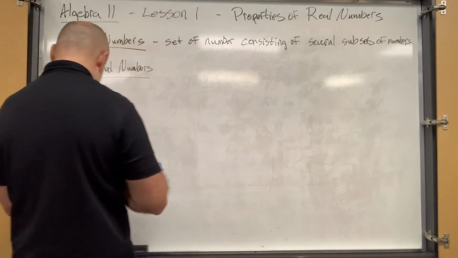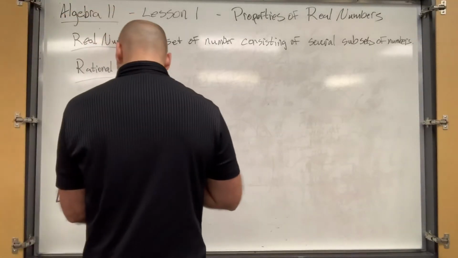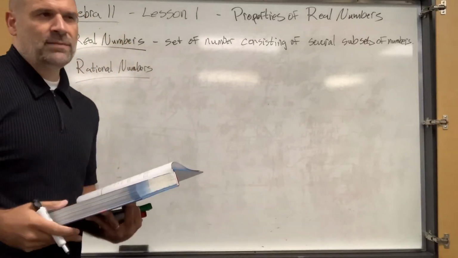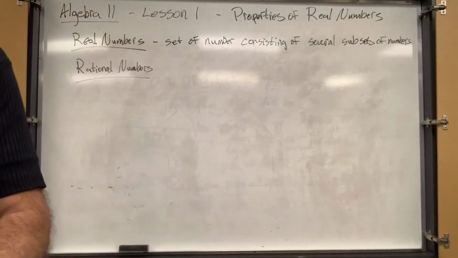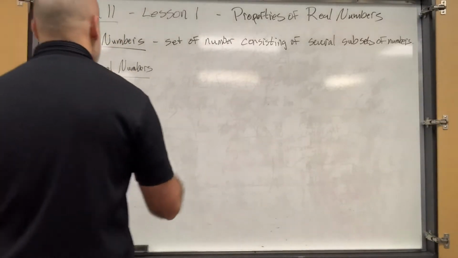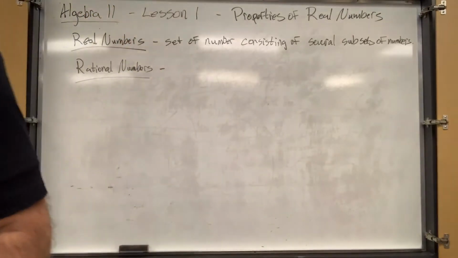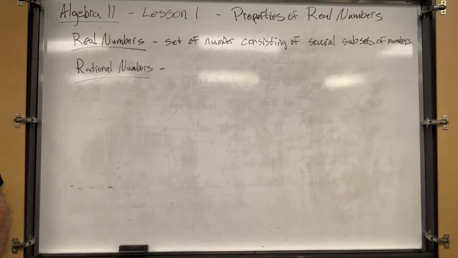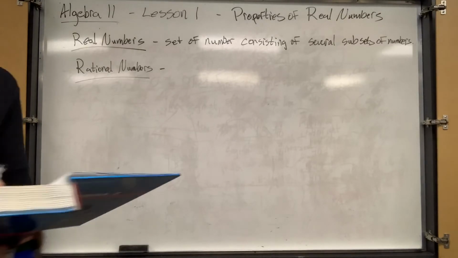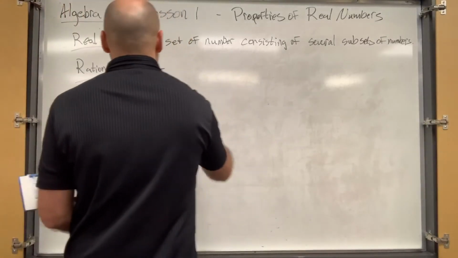And irrational numbers. So rational numbers, basically, there's a word in there, ratio. So rational numbers is basically anytime you can write a number as a fraction, then it's a rational number. Okay, so you've got rational numbers.